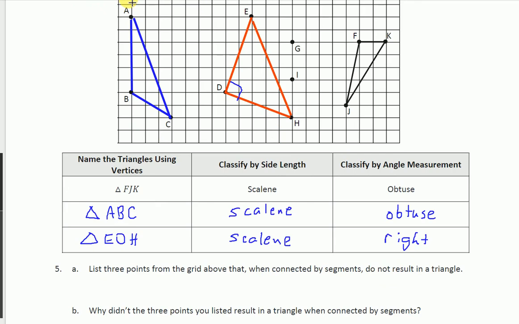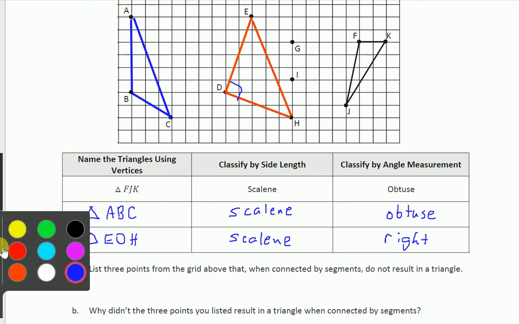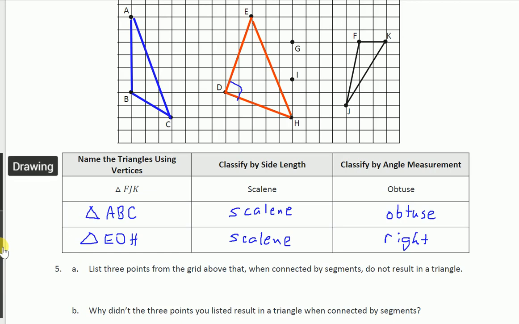Okay, so 5. List 3 points from the grid above that when connected by line segments do not result in a triangle. Well, let's see. I see one. There are different ones that won't make a triangle.